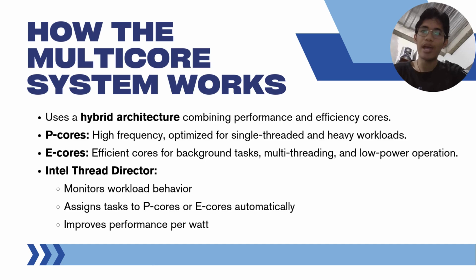And if Windows performs background updates, those tasks will be assigned to the E cores. This automatic distribution prevents slowdown and improves battery efficiency in mobile versions of the processor. This shows how multi-core design is not just about having many cores, it is also about using them intelligently.